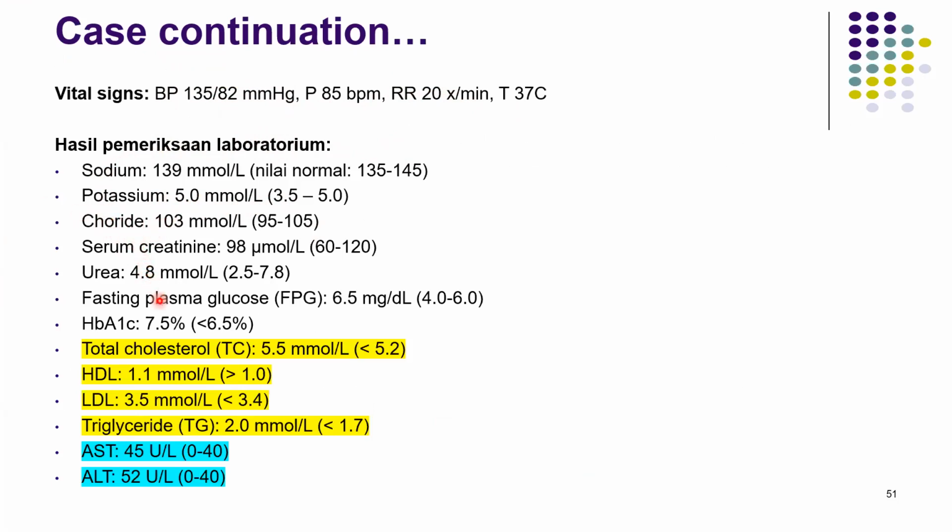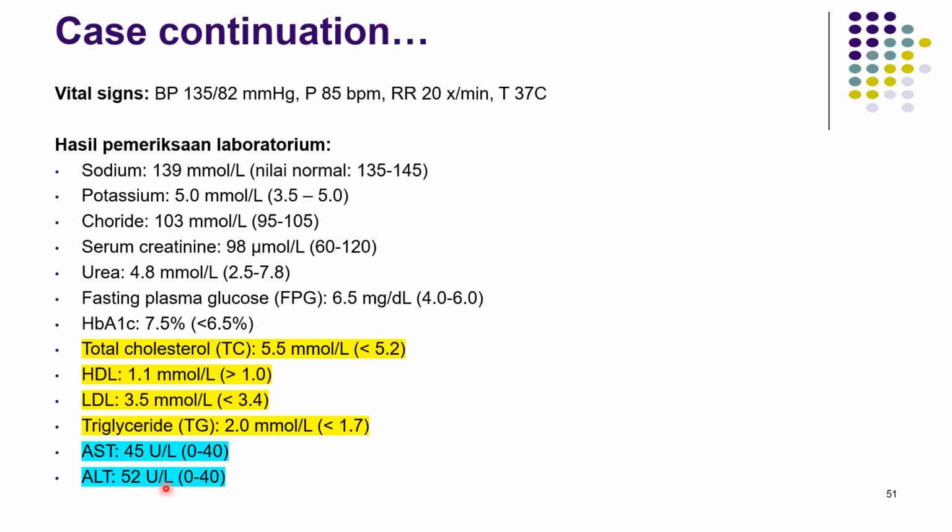All these are okay, and then the fasting blood glucose now is 6.5, okay, almost achieving, almost on the way. But the total cholesterol is still high, HDL, LDL, the TG is also still high. The AST, ALT seems to increase from last time. Last time only 20 something, now increased to 40 something, 50 something.